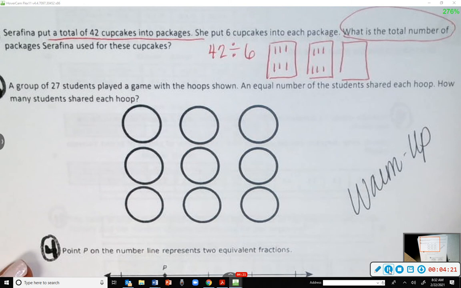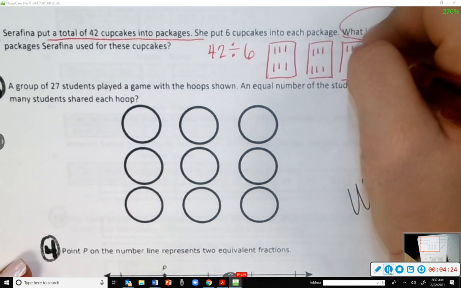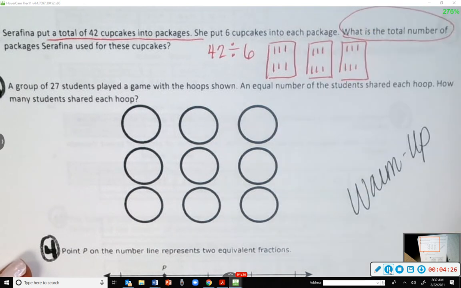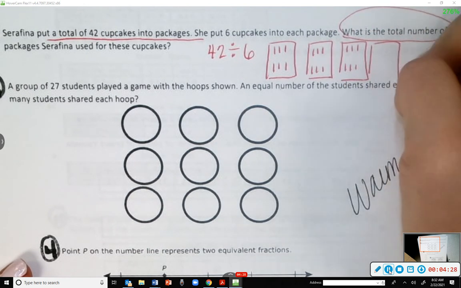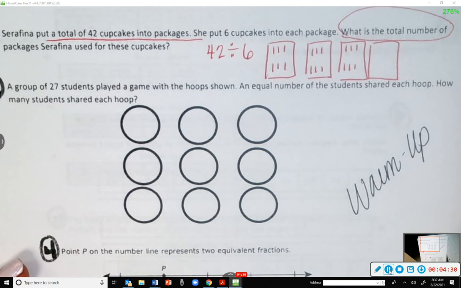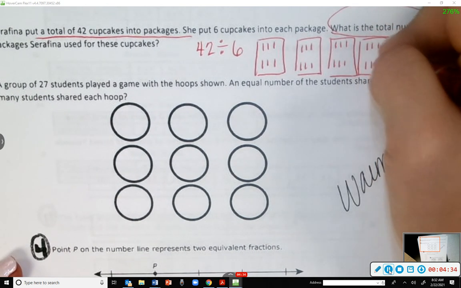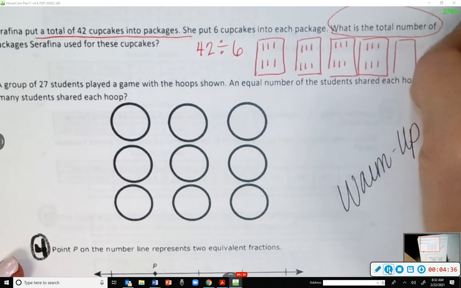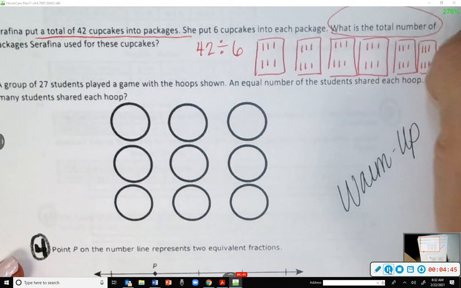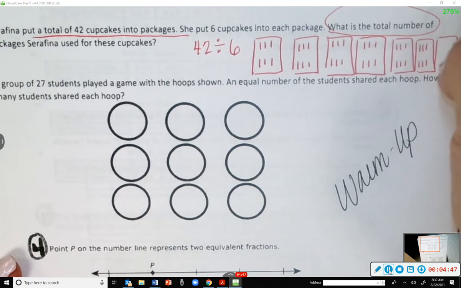So that's 12, 13, 14, 15, 16, 17, 18. I still need to keep going all the way until what? 42. So that's 19, 20, 21, 22, 23, 24, 25, 26, 27, 28, 29, 30, 31, 32, 33, 34, 35, 36, 37, 38, 39, 40, 41, 42.